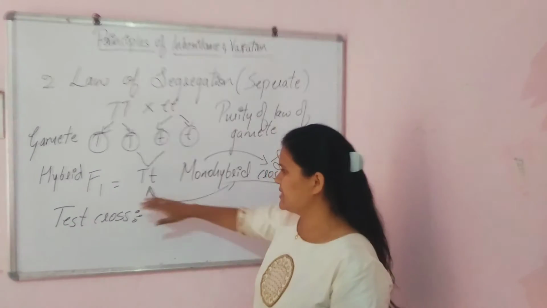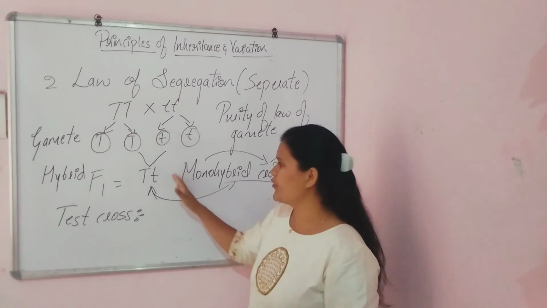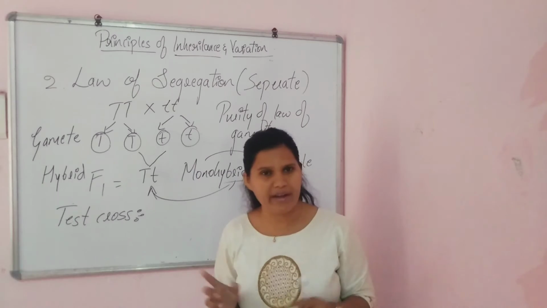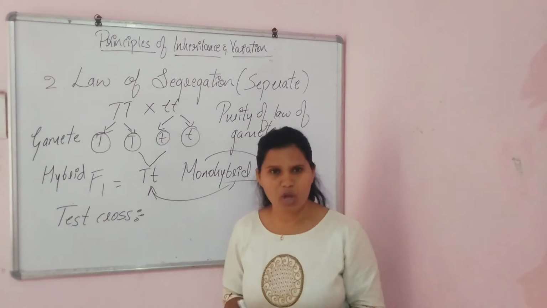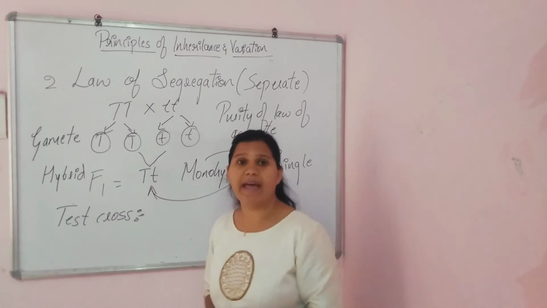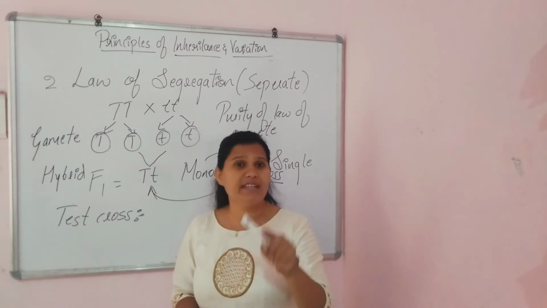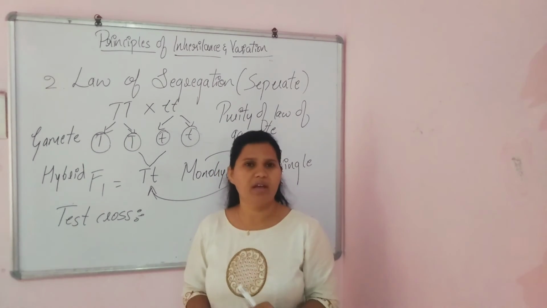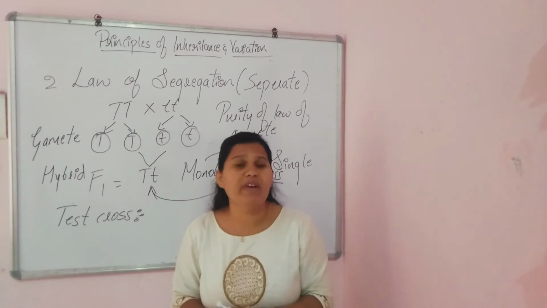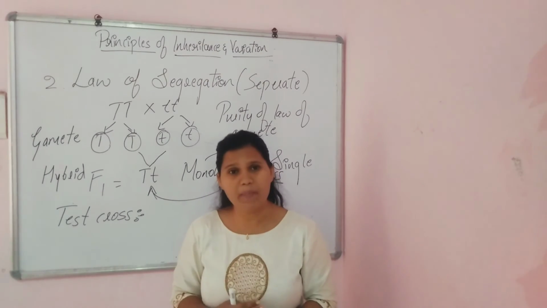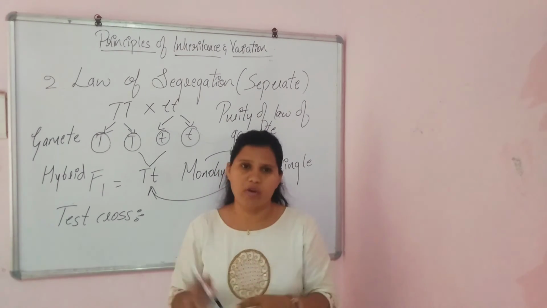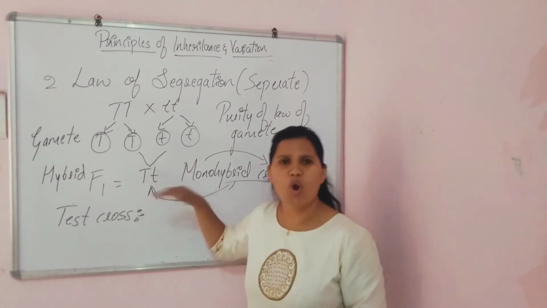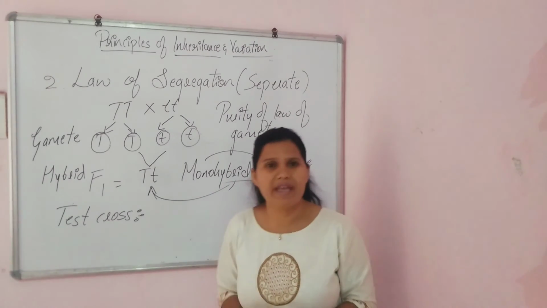For example, in the F1 generation all four plants are tall. We'll think that tall means there is dominance of the tall trait. Yes, but we don't know whether the recessive is present or not, whether it is homozygous or heterozygous tall.